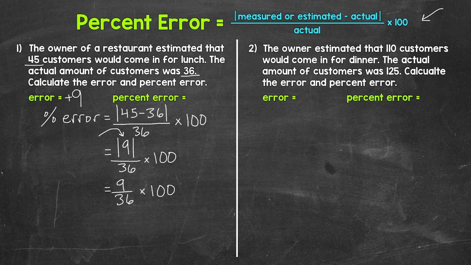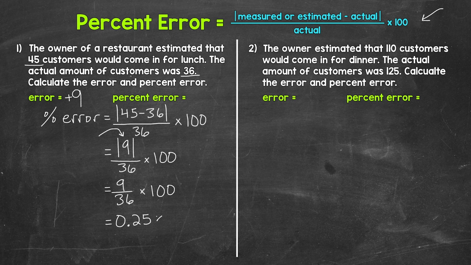Now we need to divide to get this to a decimal. So we have 9 divided by 36. That gives us 0.25, 25 hundredths. Converting that decimal to a percent gives us the percent error. So we're presenting the error as a percentage of the actual value.